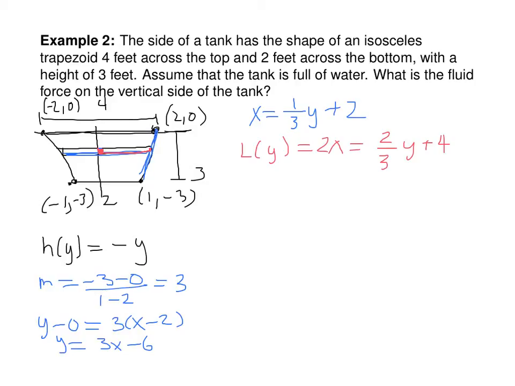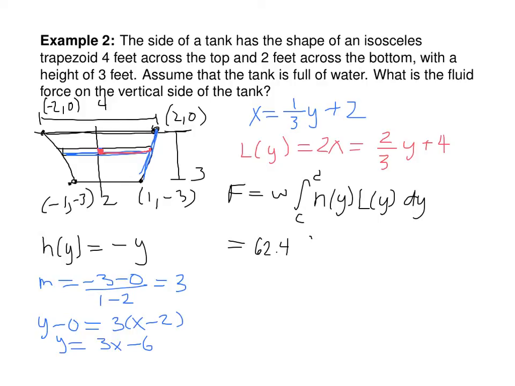Now the force of the water on the side of this tank is given by the weight density of the liquid times the integral from c to d of the depth, h of y, times the length of a slice, L of y, dy. So here my weight density is 62.4 pounds per cubic foot.